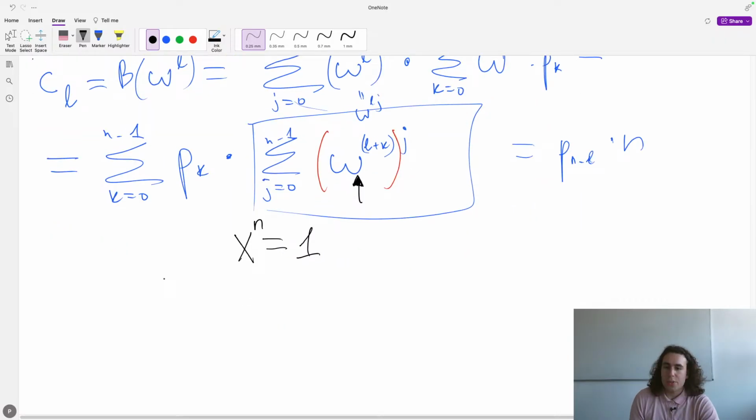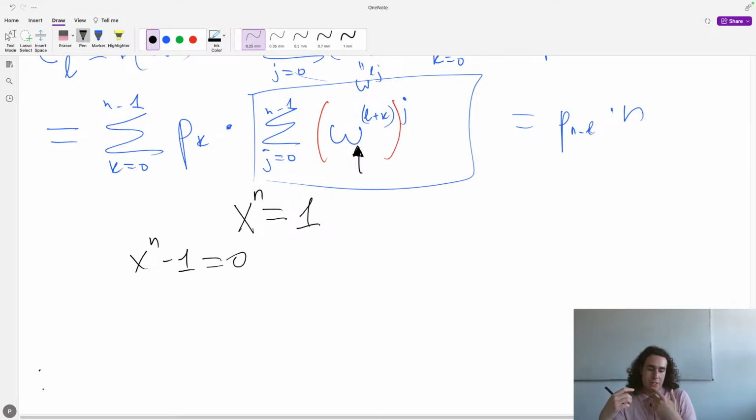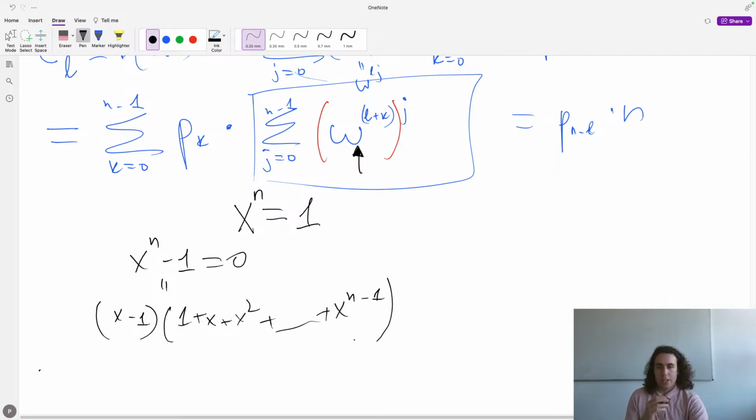Let's write it in a different way: x to the n minus 1 is equal to 0. I'm telling you that you can factor something out of here. This is a classical formula. This is just equal to x minus 1 times the sum of powers of x: 1 plus x plus x squared plus so on plus x to the n minus 1, right?